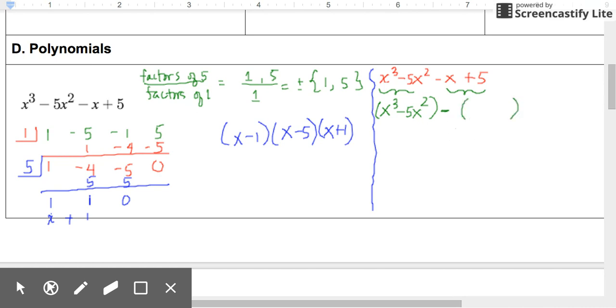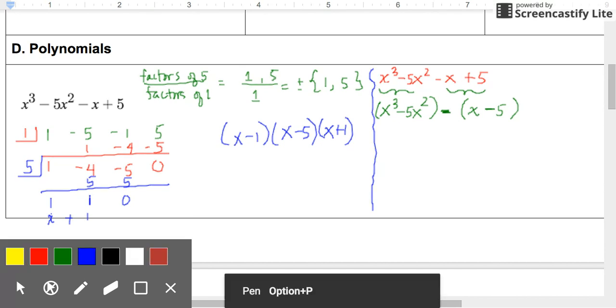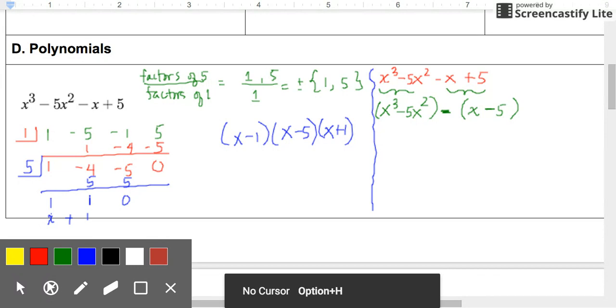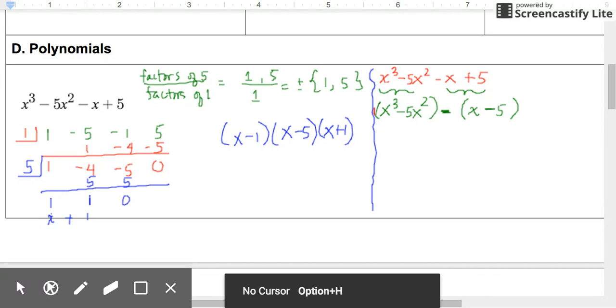another group. Now I have to be careful with what I will put inside the parentheses because I have here a minus outside the parentheses. So I'm going to put x inside, but instead of plus 5, it will turn to minus 5. Why did this happen? Okay, we know that there's a 1 hiding here in the front and here.